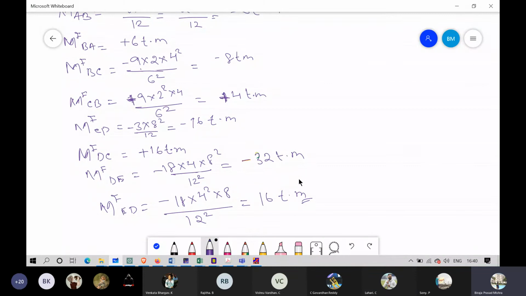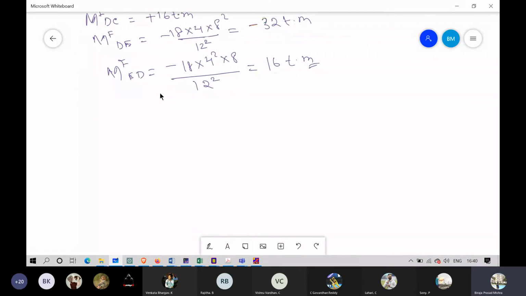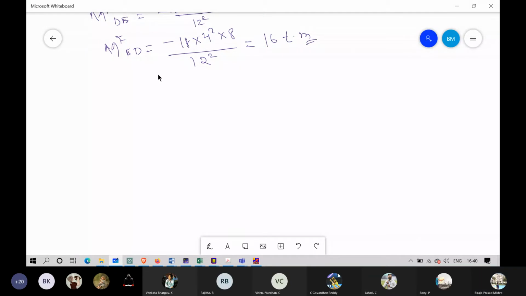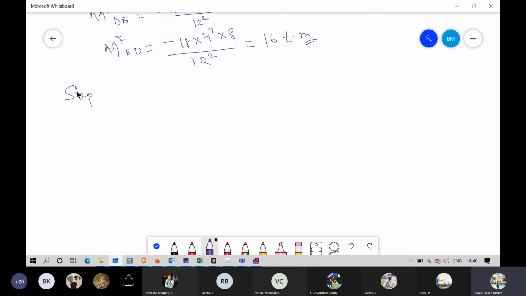Okay. So what will be the next step? The next step will be distribution factors and rotation factors. So step 2 is distribution factors and rotation factors.